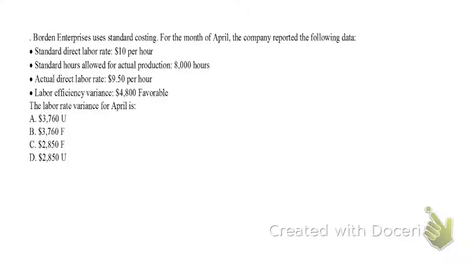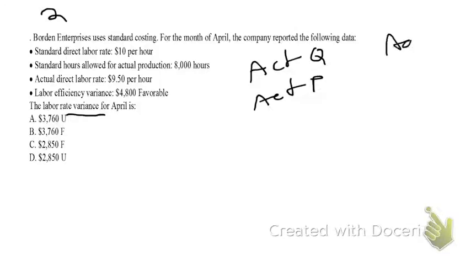The next question is question number 2, and we're looking for a rate variance. Since we're looking for a rate variance, we're looking for the left-hand side in this case. So I want to know the actual quantity and the actual price, and the actual quantity and the standard price.